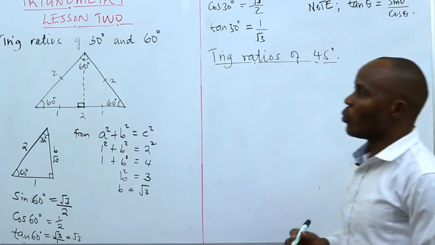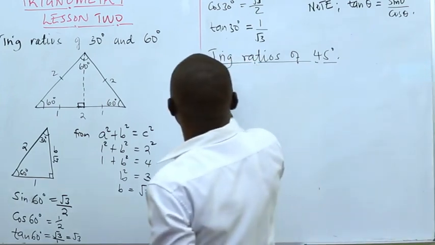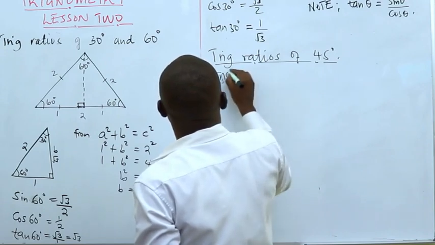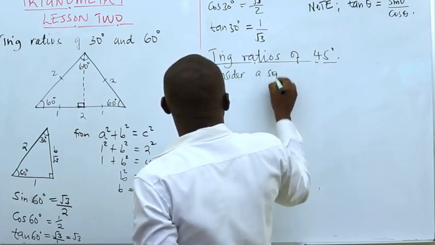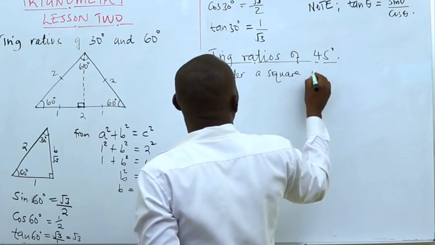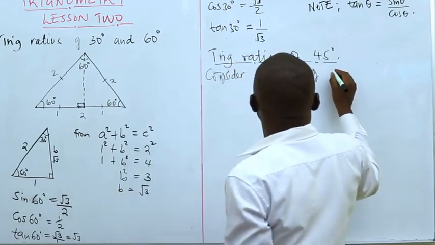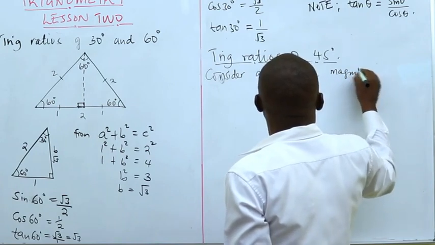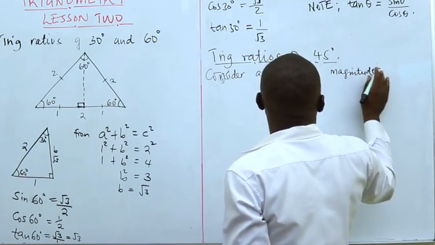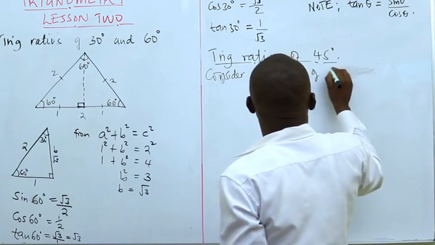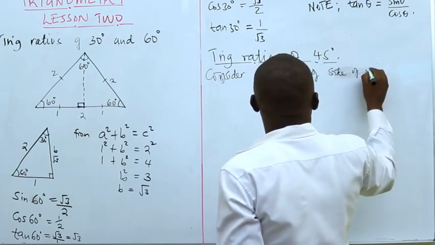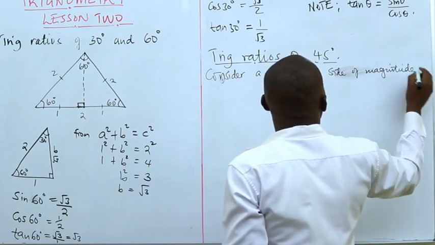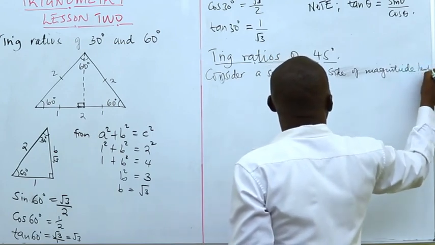So what we are going to do with this, we are going to consider a square of side magnitude 1 unit.